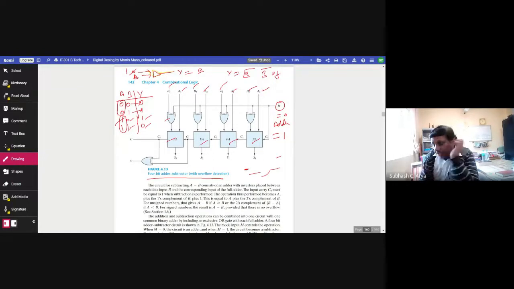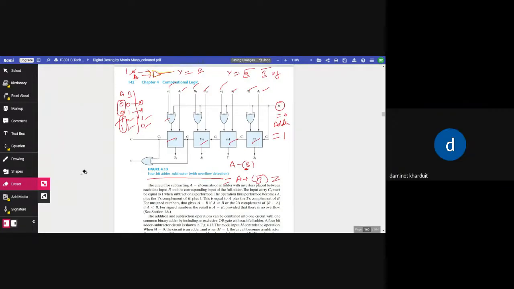Now this is what is going on here in this circuit. You know how we have done the operation of subtraction with the help of the complement method. In the complement method, we know that A minus B is equal to A plus complement of B. Yes or no? Anyone can respond. Yes, sir.